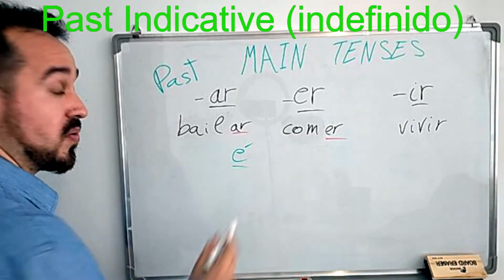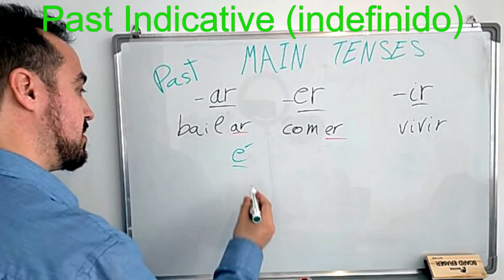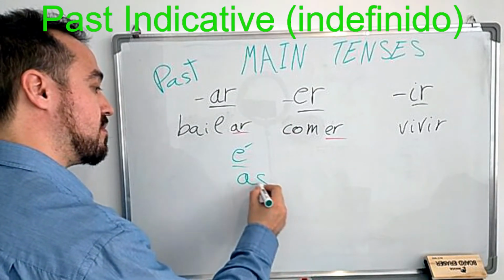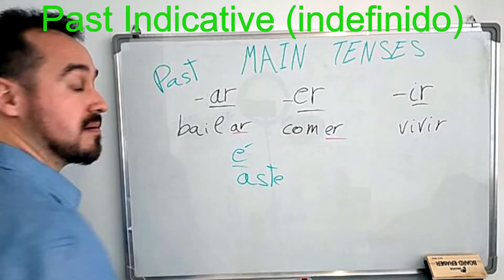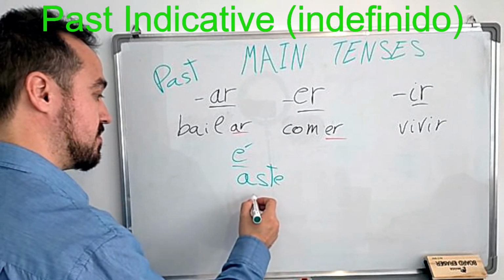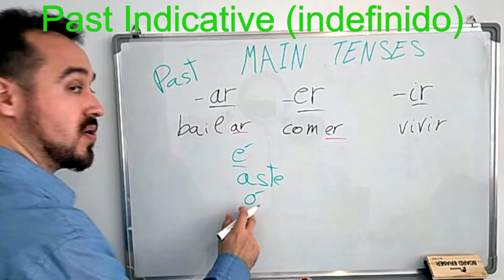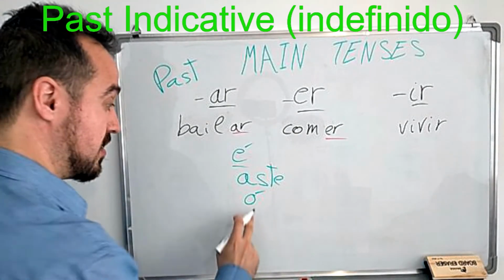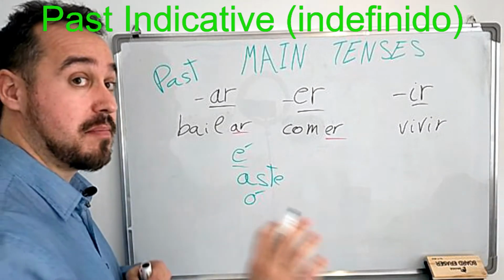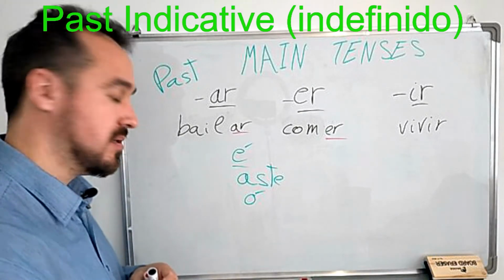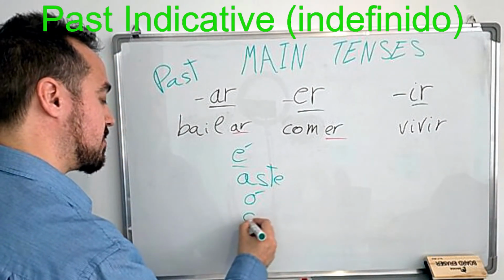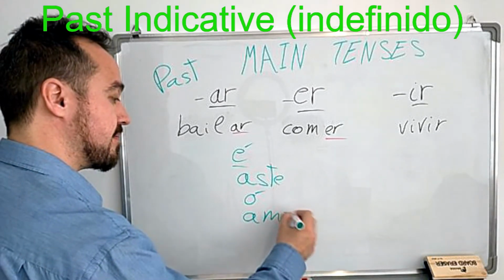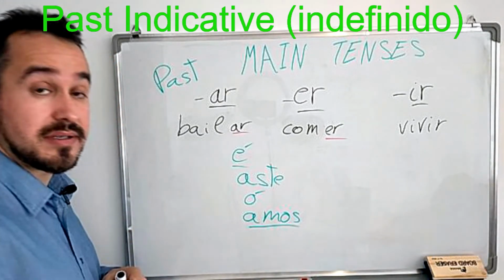Bailé, with a stress. Bailaste. Bailó, with a stress. Very important this. Bailó. Yes? It's the same as the present.